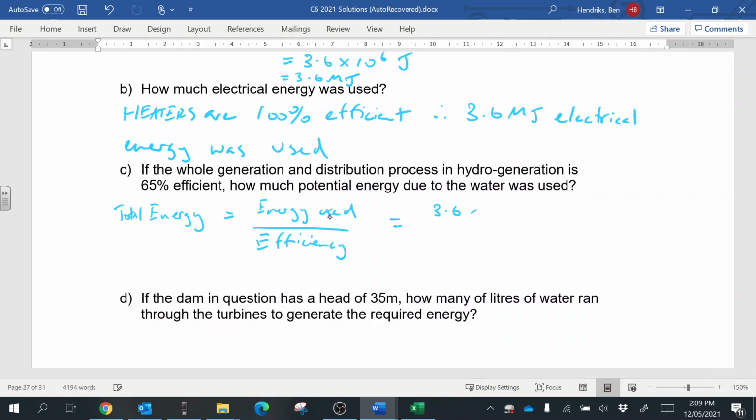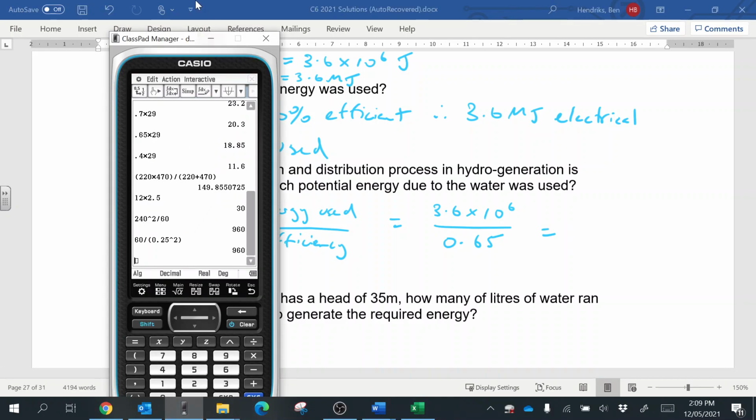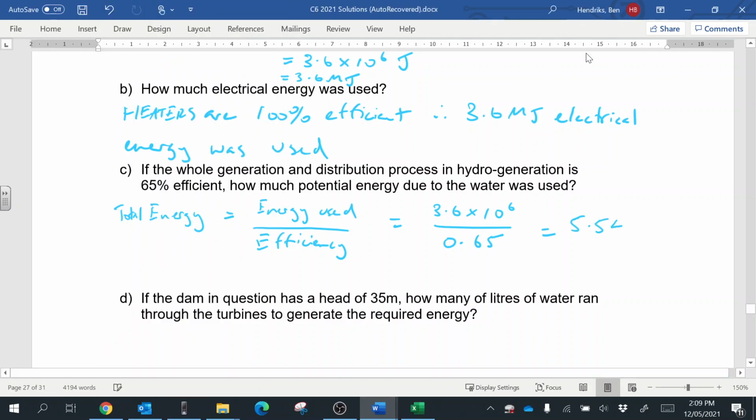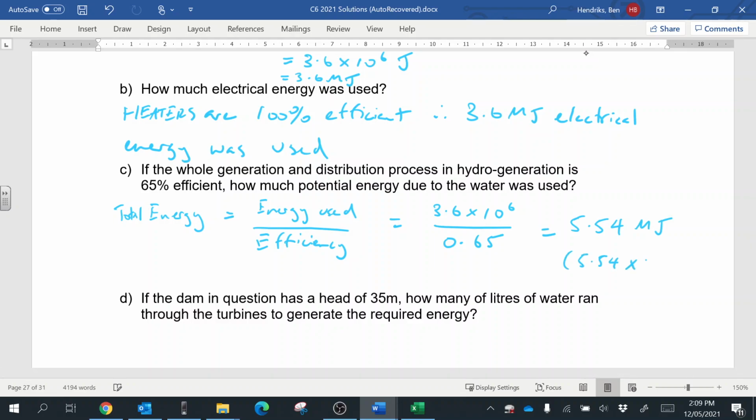So it's 3.6 times 10 to the 6 divided by 0.65. Let's put that into our calculator. Okay, so we end up getting 5.54 megajoules, or 5.54 times 10 to the 6 joules.